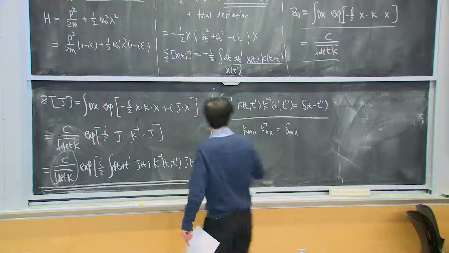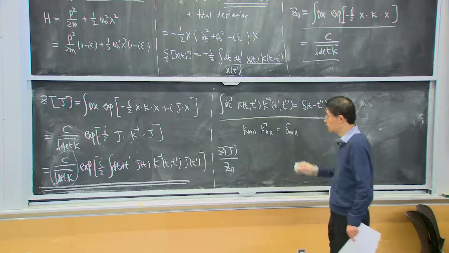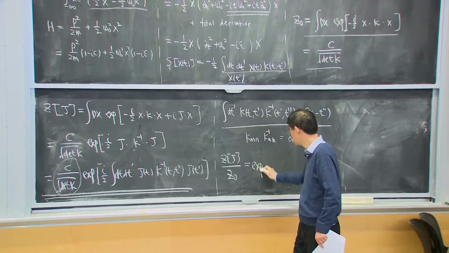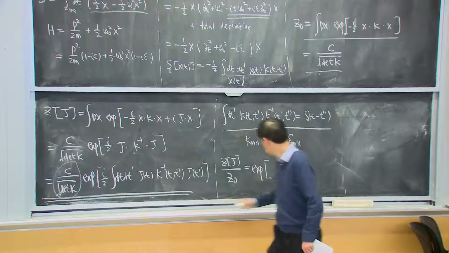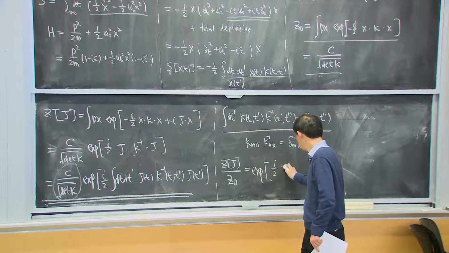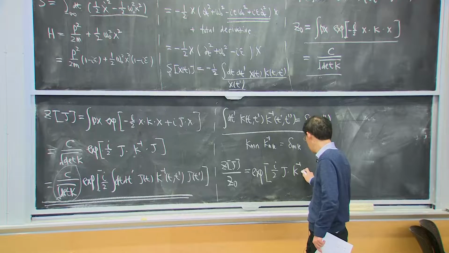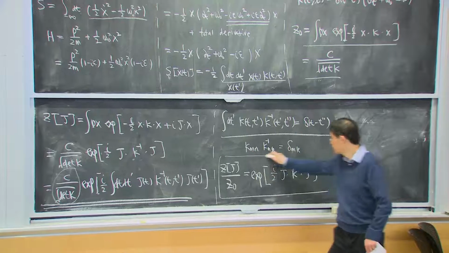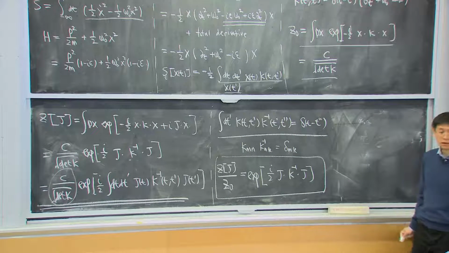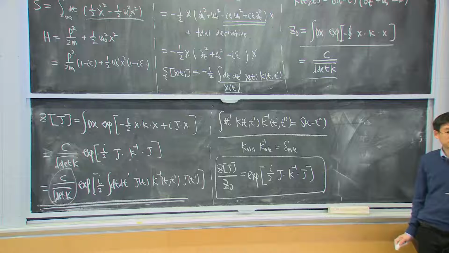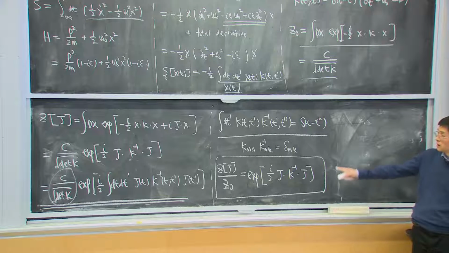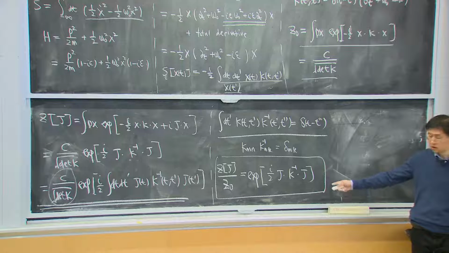So this factor cancels with that factor, so it doesn't matter. We just get the exponential, using the shorthand notation, of (i/2) J K^{-1} J. Okay, so this is the physical quantity. When we expand this in powers of J, the coefficients of J give you correlation functions, or we can just take derivatives.